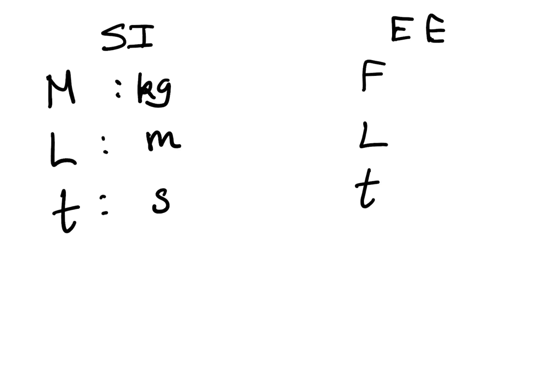That is, in English Engineering Units, force is the basic unit and not mass, and that's how it is defined. So we deal with force in units of pounds, pound force or just pound, length in units of feet, and time in units of second. So this is the system where you use force, length, and time, and this is the system SI in which you use mass, length, and time.